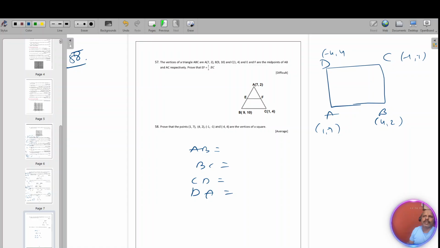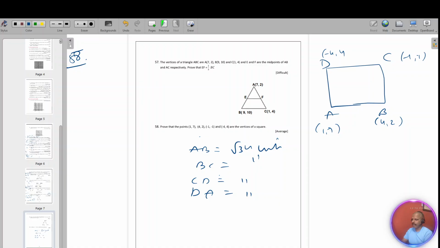Once you apply the distance formula, I'll just give the values. Since it's prove, that means they're already vertices of a square, that's for sure. Once you find the length of sides, they all should be equal, right? Because it's a square. So what you get is root 34 units. Everything root 34 units.